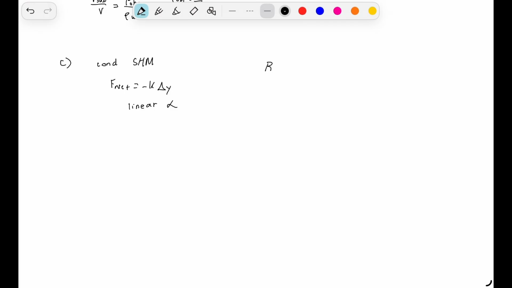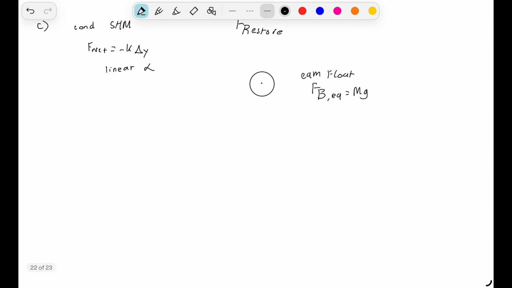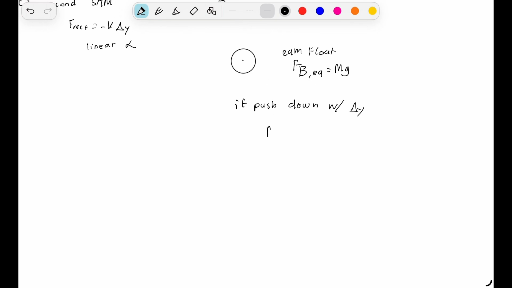Our restoring force, when we have our sphere and it's at its equilibrium position, that means that your buoyant force is equal to your weight. Your FB at equilibrium is equal to your mg. So that means that if you push down on your sphere, down with delta y, a small distance, you're still going to have your mg, and that's still going to be constant.